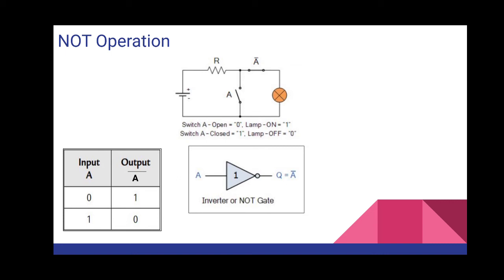So you can see how the current will flow. From the battery the current will start moving. It will go to the A bar and it will see that A bar is connected, so it can pass through it and the bulb will glow. So here even if my A is 0, input is 0, at the output I am getting my bulb glowing. Why? Because it is doing exactly the opposite. When I am keeping my switch off, my bulb is glowing, right?